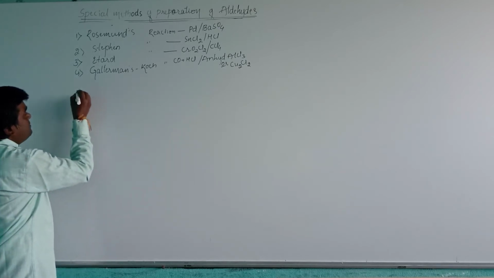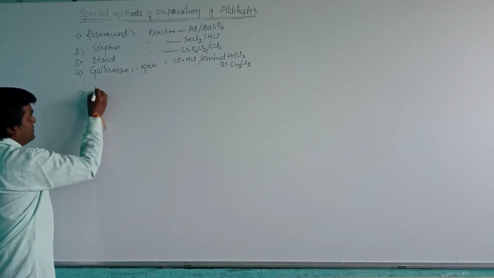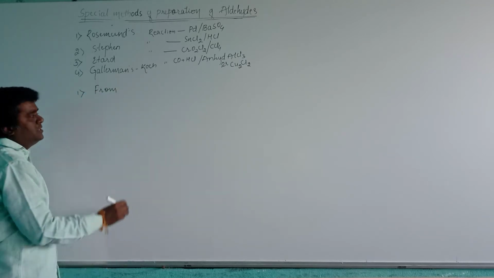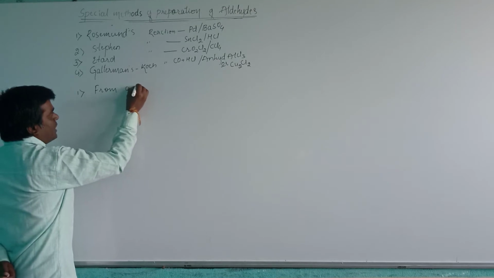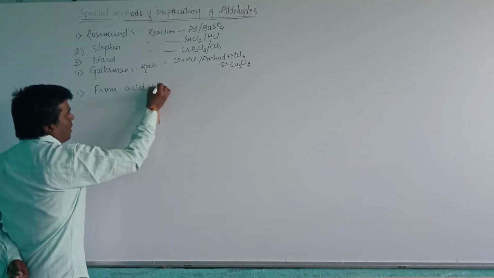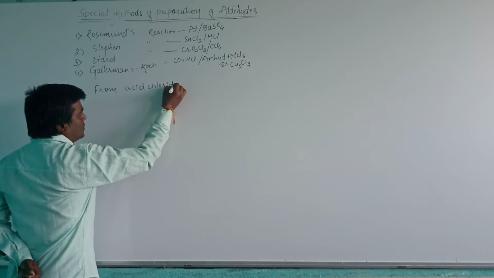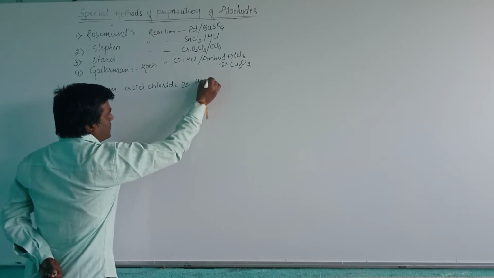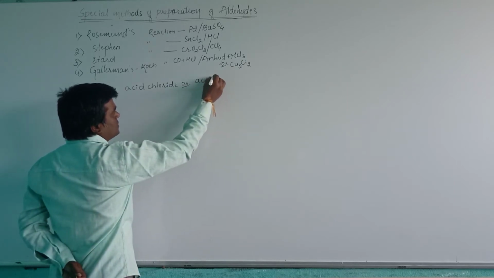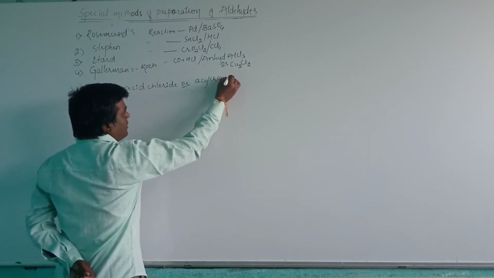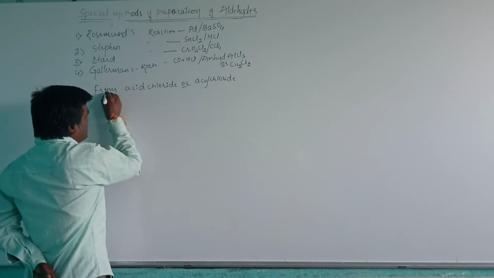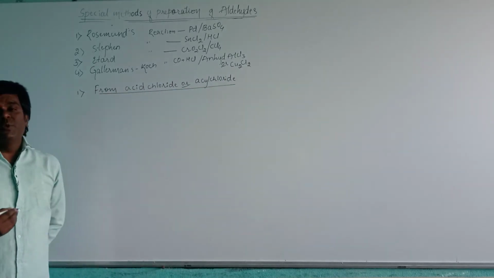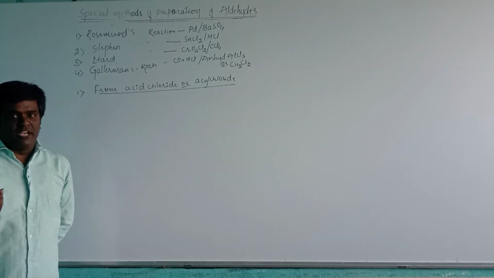First one, Rosenmund's reduction reaction. In this reaction, we prepare aldehydes from acid chlorides, also known as acyl chlorides. This method has the special name Rosenmund's reduction reaction.